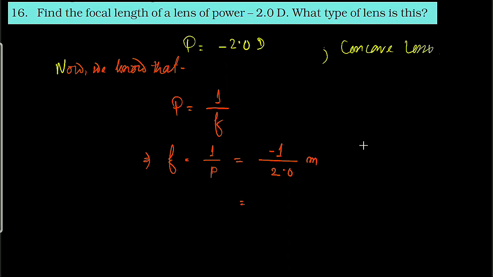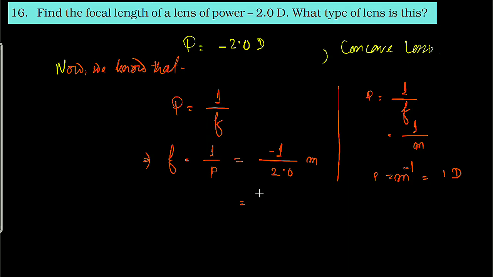By the way, one thing I left out: power is nothing but 1 by F, so 1 by meter. The unit is meter inverse, and that meter inverse is expressed as 1 diopter. Always remember that the diopter is the SI unit of power, and the meter is the SI unit of focal length.